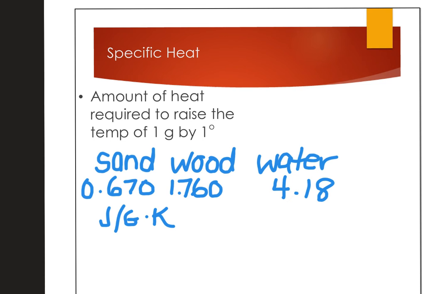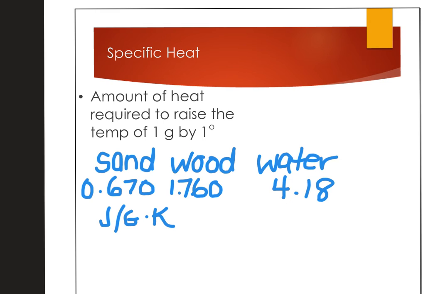So I started on the boardwalk where it's wood. The specific heat of wood is 1.760 joules per gram per degree Kelvin. Then I went to the sand and my feet started burning.